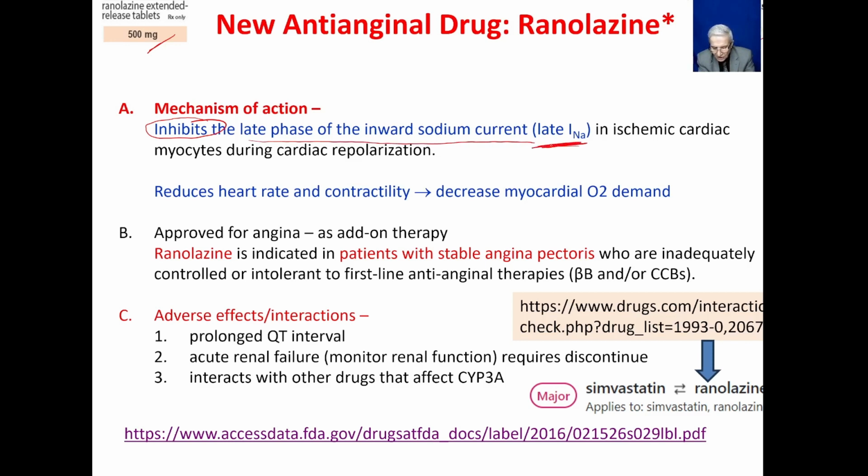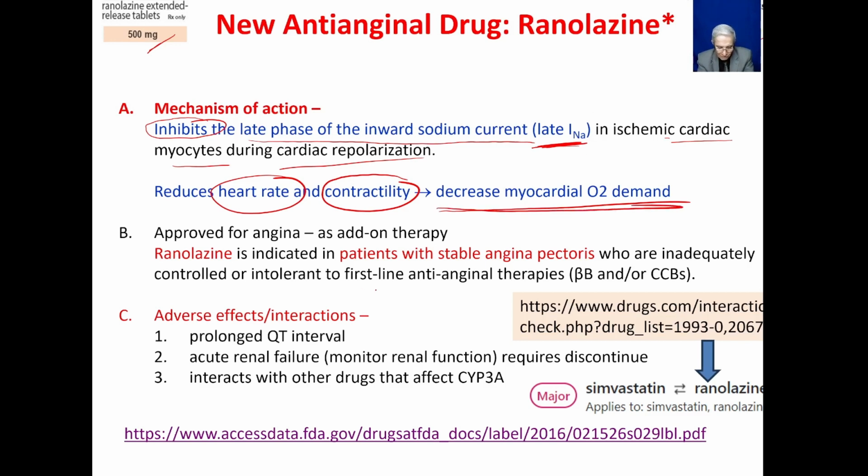It inhibits sodium channels and sodium current in the ischemic cardiac myocytes during cardiac repolarization. So the main mechanism of action of ranolazine is to inhibit the inward sodium current in the ischemic cardiac myocytes. This leads to decreased contractility, decreased heart rate, and decreased oxygen demand.